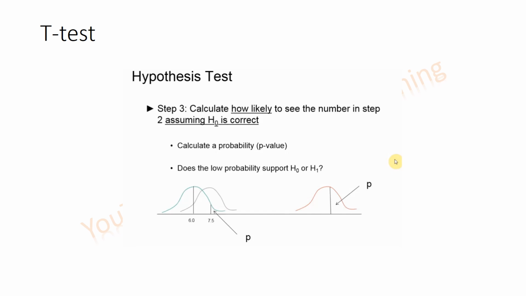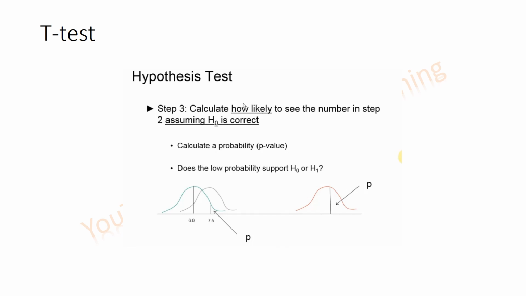So how to interpret step 3? We say assume our population follows the 6-hour curve. Average is 6. Then how likely to see 7 samples with average of 7.5? All right, it's a little bit tricky. So assuming population average is 6, how likely to see 7 samples with average of 7.5?